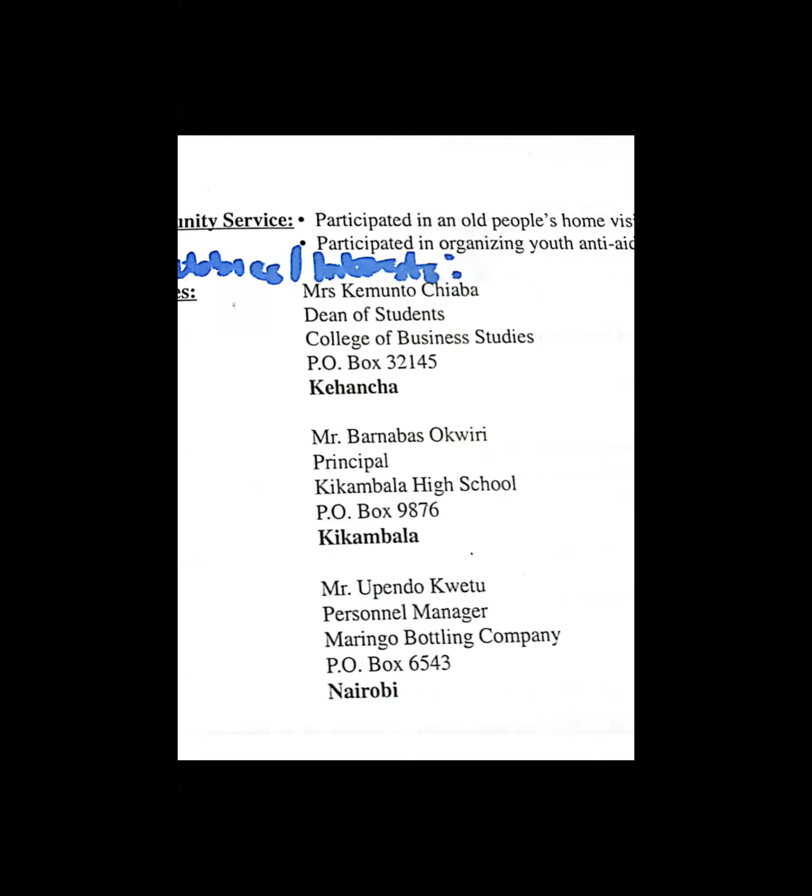For example, are you able to work as a team? Are you able to be self-driven? Such things ensure that when you're writing your CV, you capture all the things that are in the advertisement. That's why we're saying you don't send one CV to all the applications that you get. You tailor your CV to the needs of the employer, number one. And if it is an exam setup, you tailor your CV to the question that has been asked.